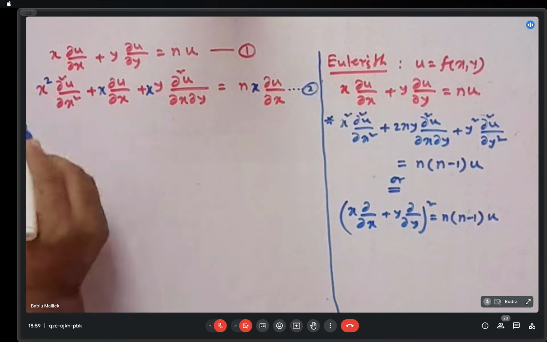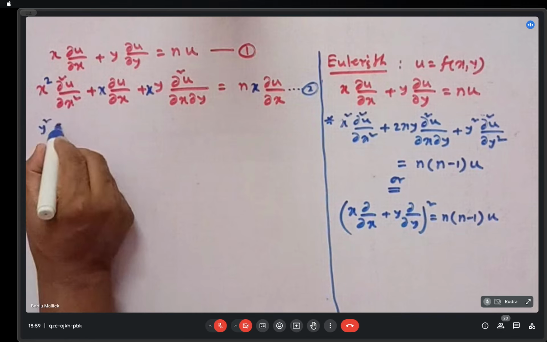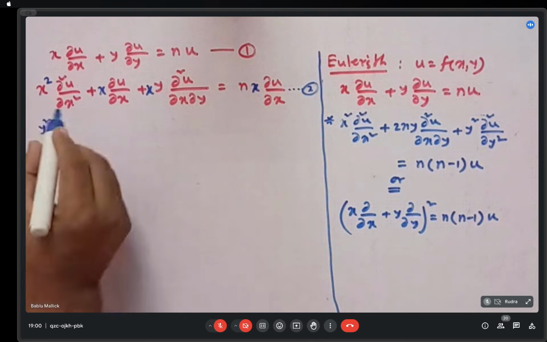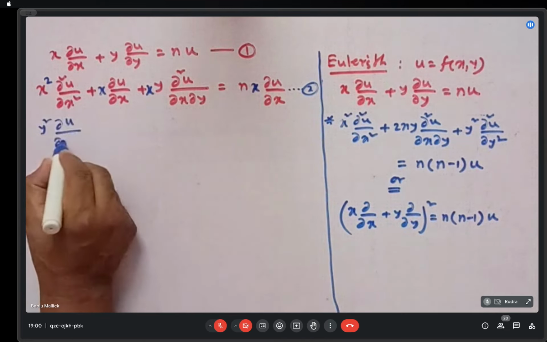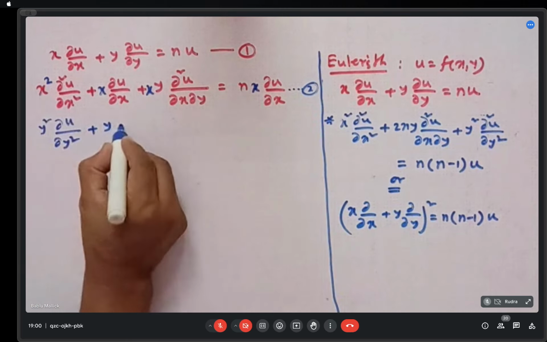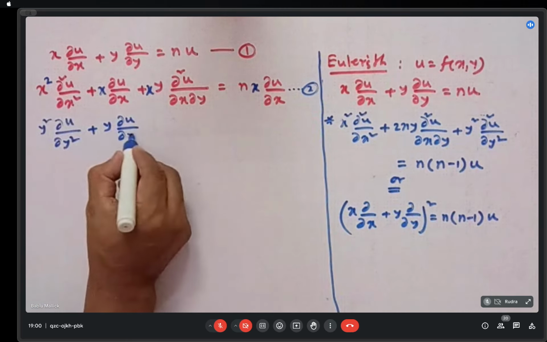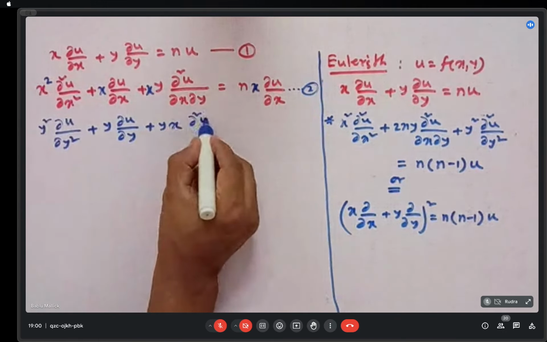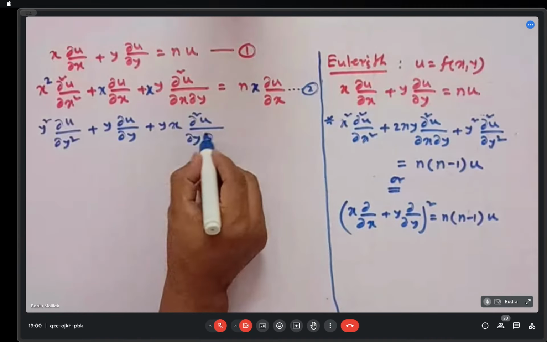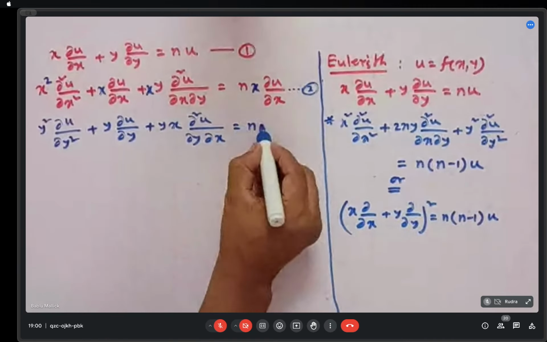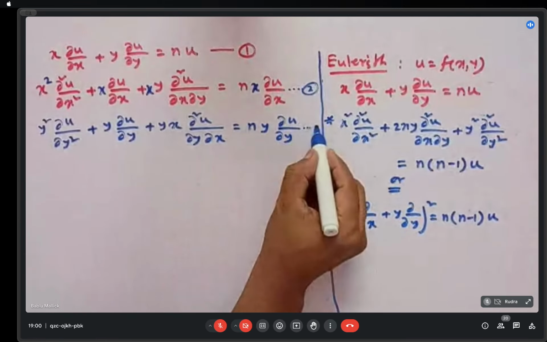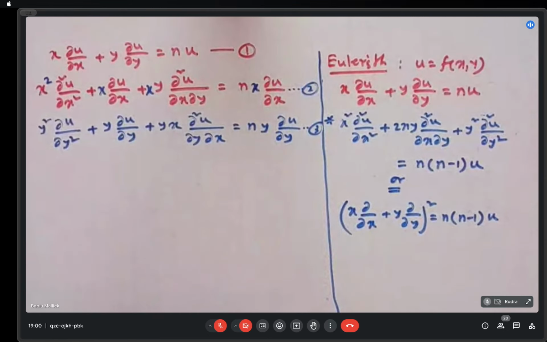We get this: just in place of x I shall put y and in place of y put x, so it is y square into del 2u del y2 plus y into del u del y plus xy into del 2u del y del x is equal to n into y del u del y. And this is number 3.